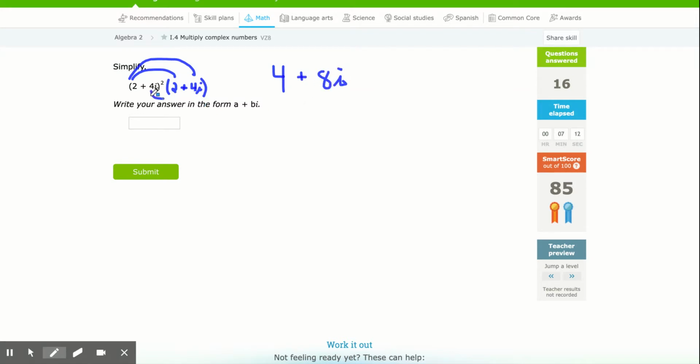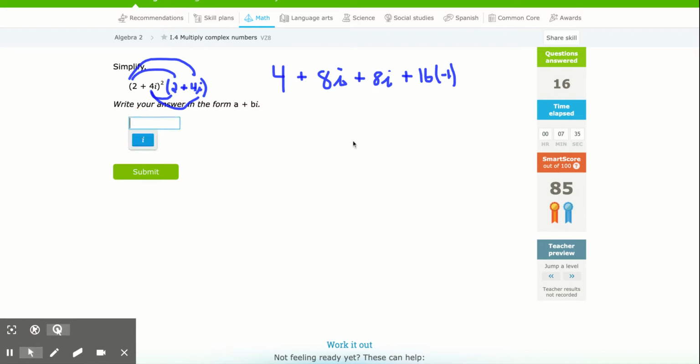The 4i in the back will multiply by this front 2. That's another 8i. And then the 4i times the 4i will be a positive 16i squared, which is negative 1. So that means that's actually minus 16. So 4 minus 16 is going to be negative 12. And then the 8i plus the 8i is plus 16i.